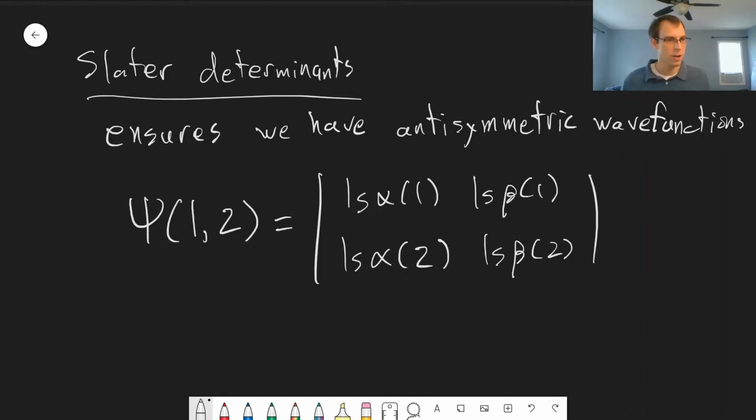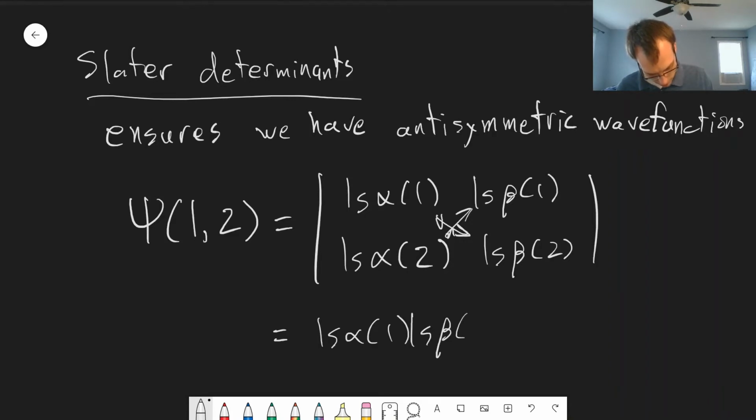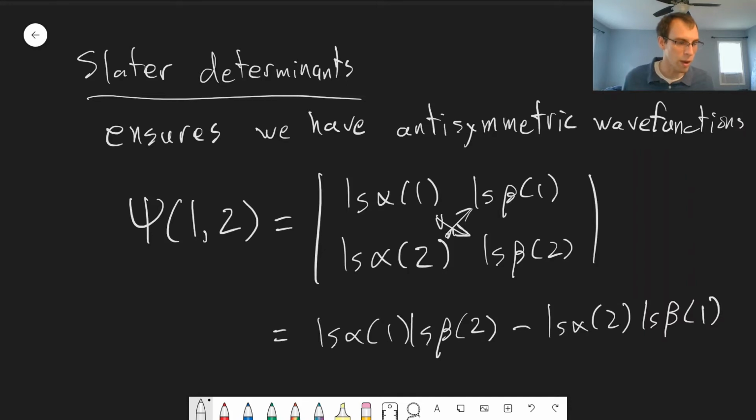Now the property of determinants is that we multiply these two and subtract it from these two multiplied. So we'll get 1s alpha 1 times 1s beta 2 minus 1s alpha 2, 1s beta 1. And this is what we want. This is exactly what we had before, which gives us the antisymmetric wave function.